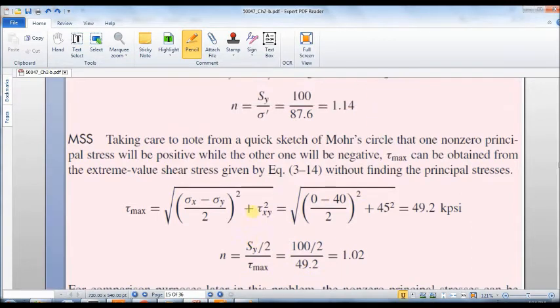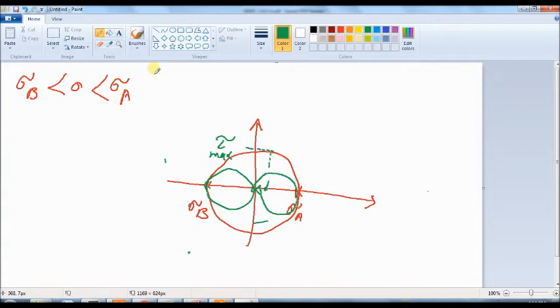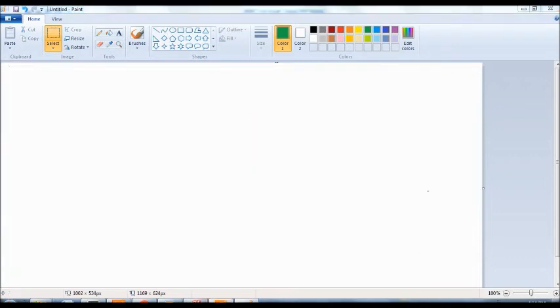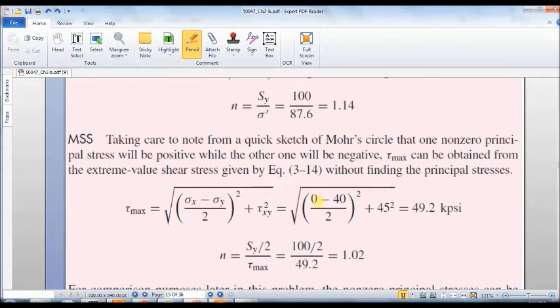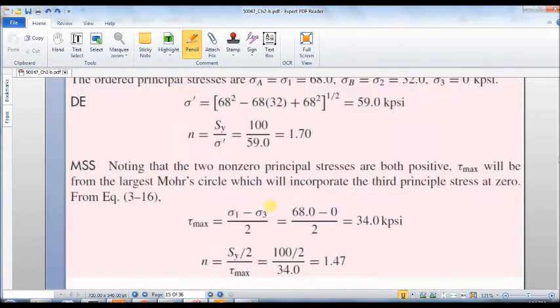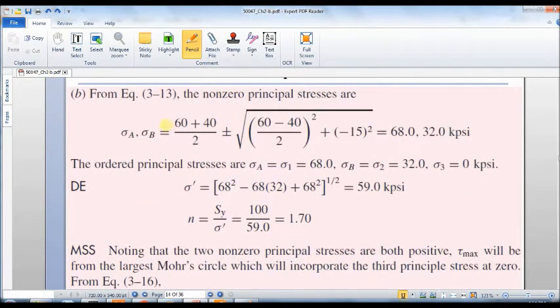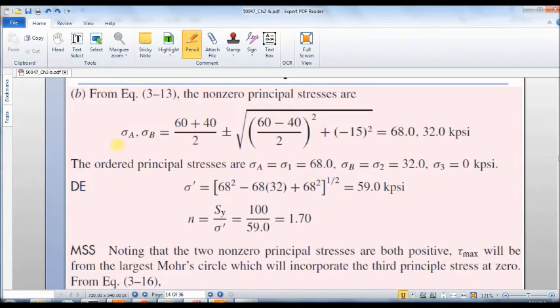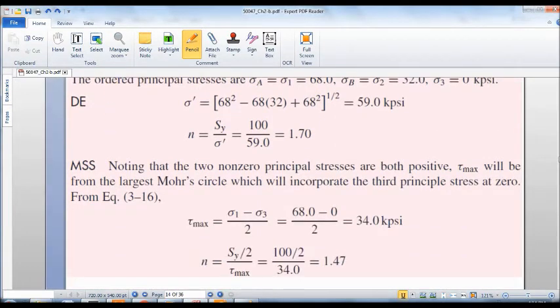If you are confused about this point, you can ignore what I said here and directly use the Mohr's circle equation like in part B. Like part B, use this Mohr's circle equation to find sigma A and sigma B. After you find sigma A and B, you will see one of them is positive, another one is negative.